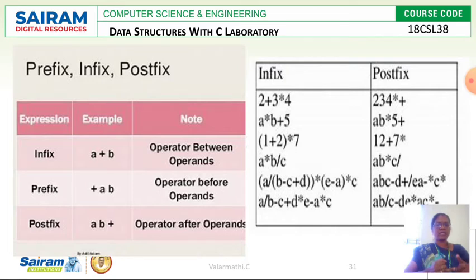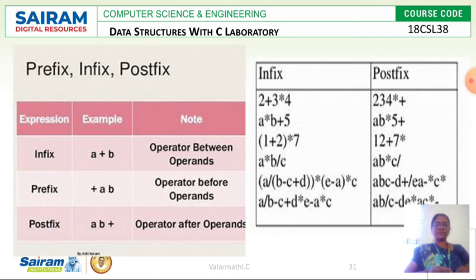Here the left side diagram shows the infix operation with the operands a and b. Here the operator is plus. So a plus b is the correct format of infix operation, where the operator lies between the operands. This is about infix.